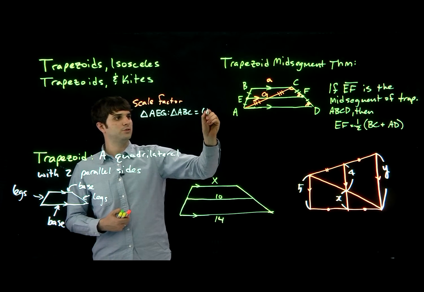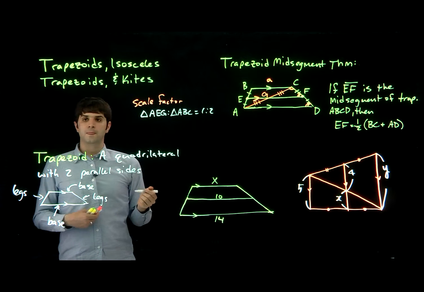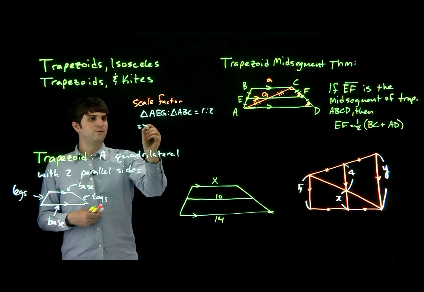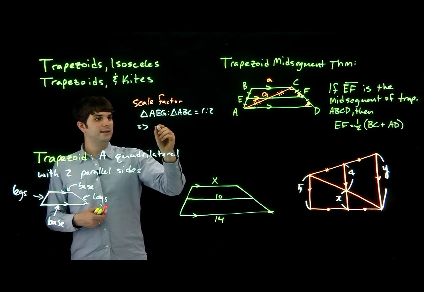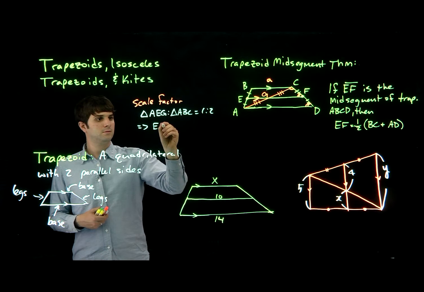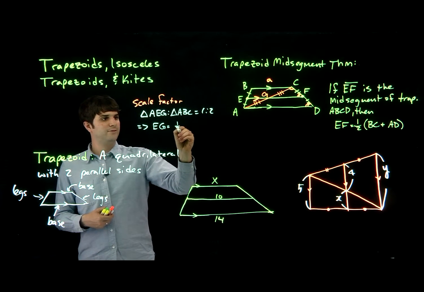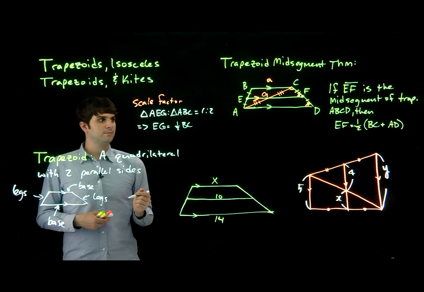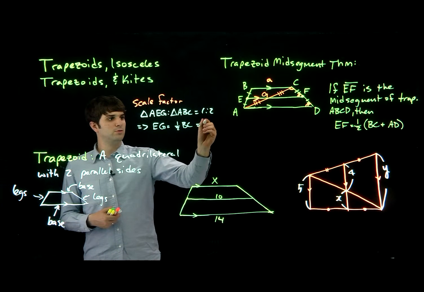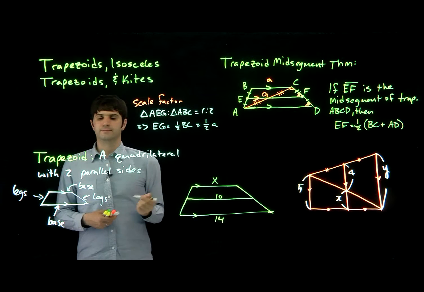So therefore EG equals 1/2 of BC. In other words, that equals half of A.